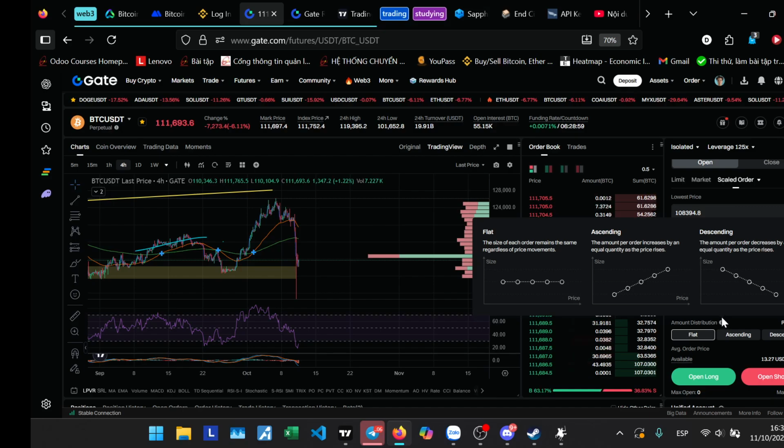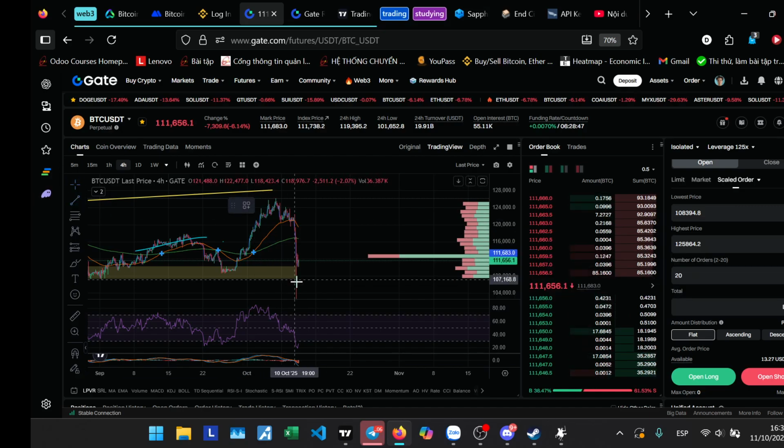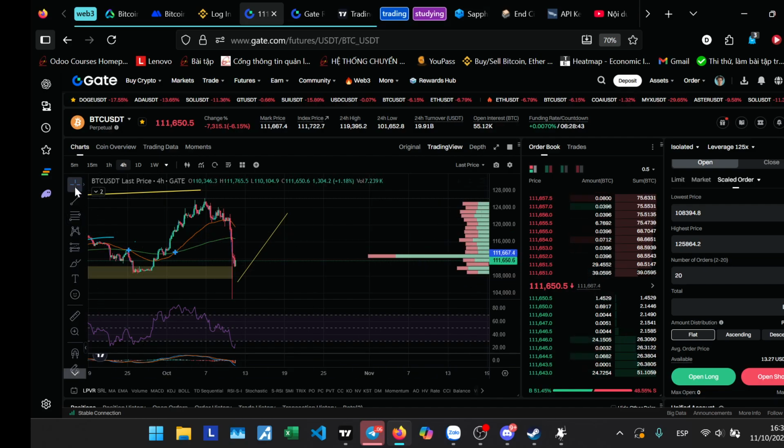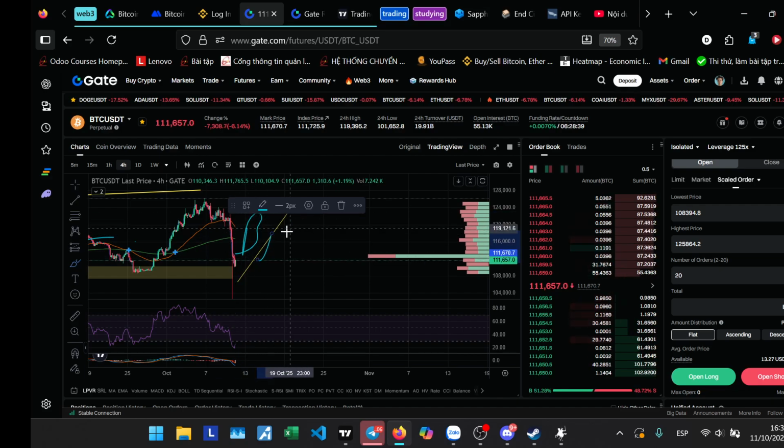So just to explain, ascending orders means that it buys less, so the size is counted in Bitcoin.